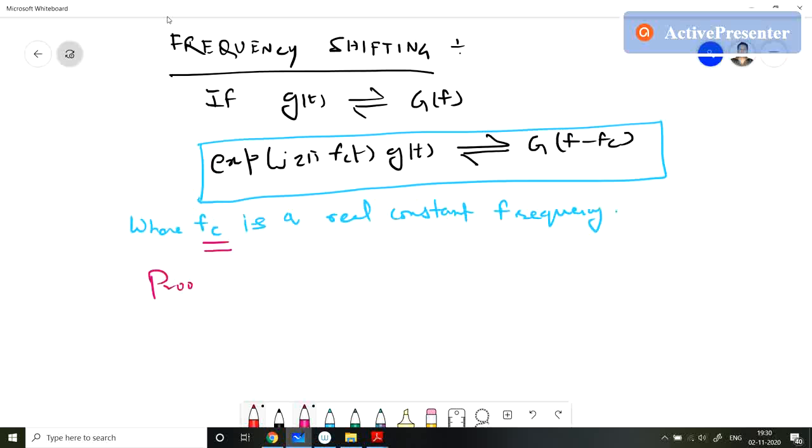We can prove this; the proof is given below.